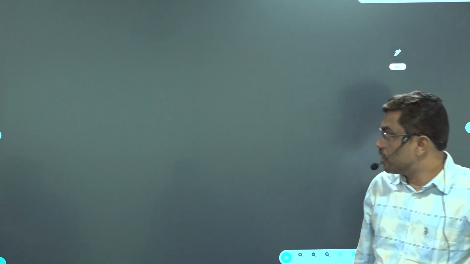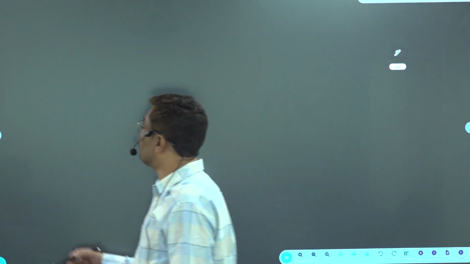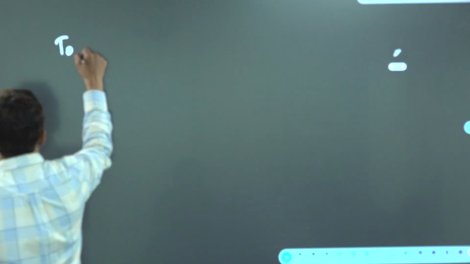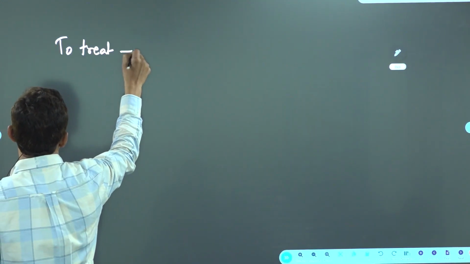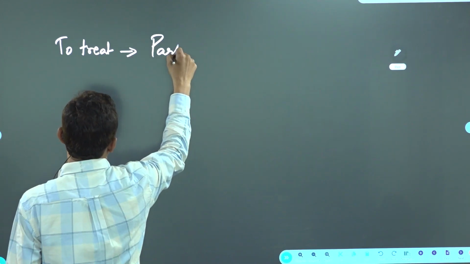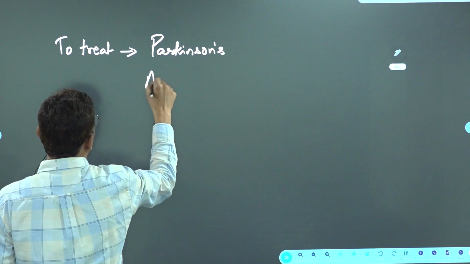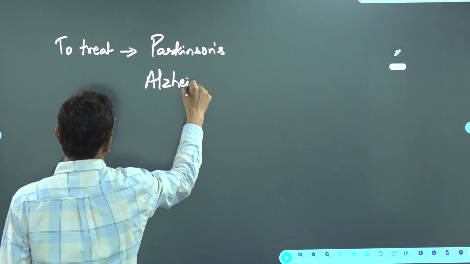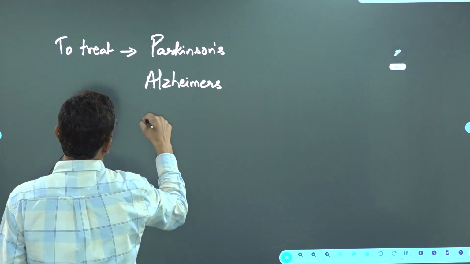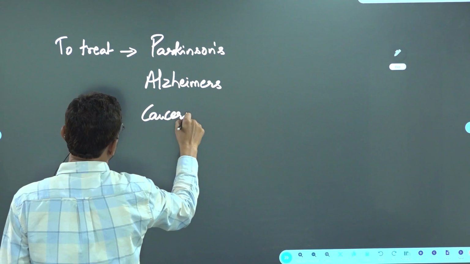So human stem cells are used to treat various types of diseases, like Parkinson's, Alzheimer's, certain types of cancers.